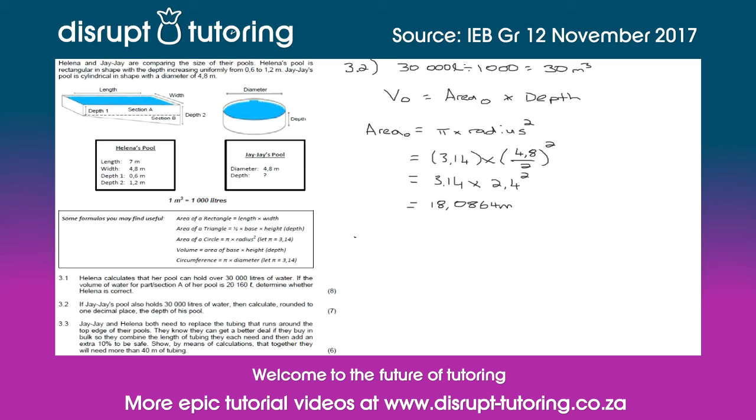So then, therefore, if you look at this original formula to find the volume, we've got the volume, which we've calculated to be 30 meters cubed. So therefore, 30 meters cubed equals the area of a circle, which we've just found out, which is 18,086 meters squared, times the depth.